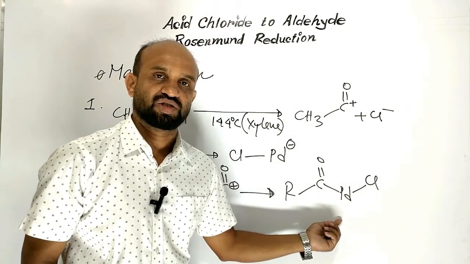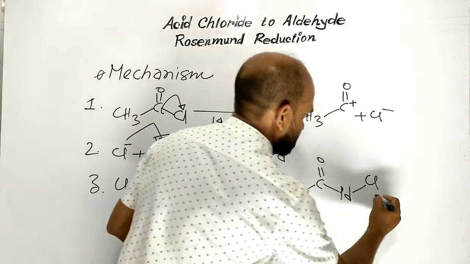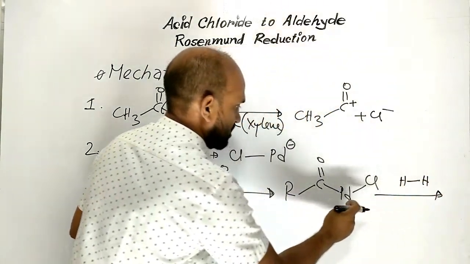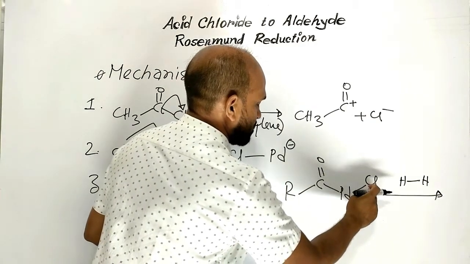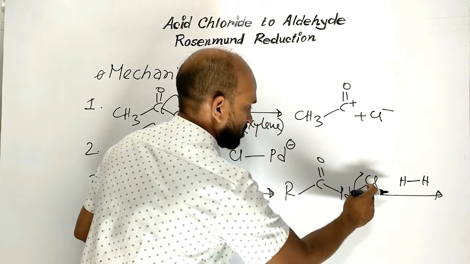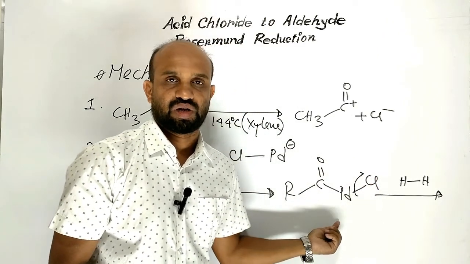This species is formed at step 3. Step 3 continues in this way. Here hydrogen, palladium chlorine bond polarizes in this way because chlorine is a more electronegative atom than palladium.